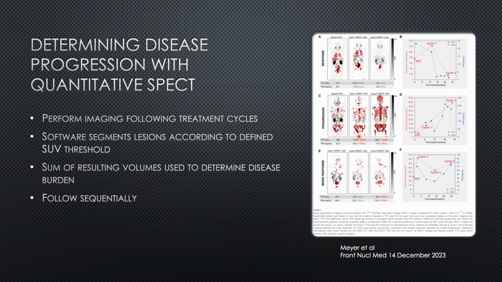They have another case where they show disease progression. Again, you can see how the total tumour volume has changed visually and numerically. And another example of mixed response. So I think this is quite a nice example of showing disease progression using quantitative SPECT.